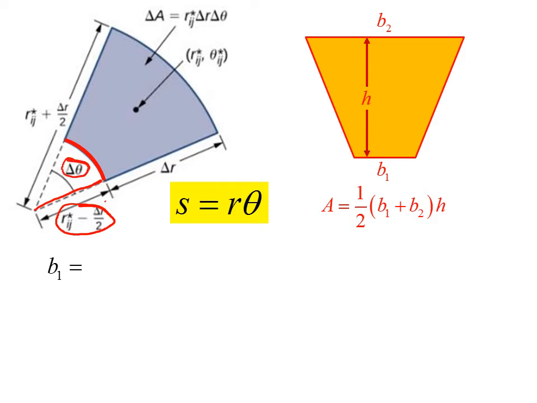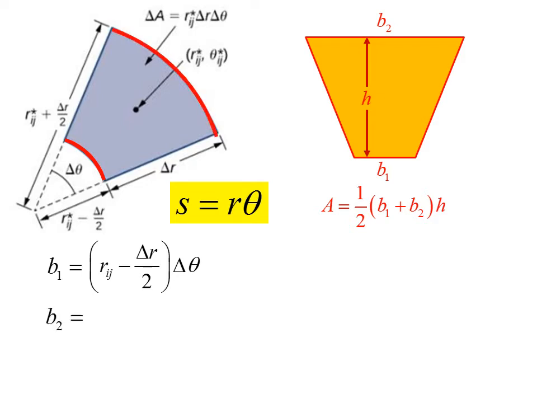So here's our expression for B1. We can do the same thing for the arc at the other end. That would be the distance from the origin times the angle, which is the same as it was in the beginning.